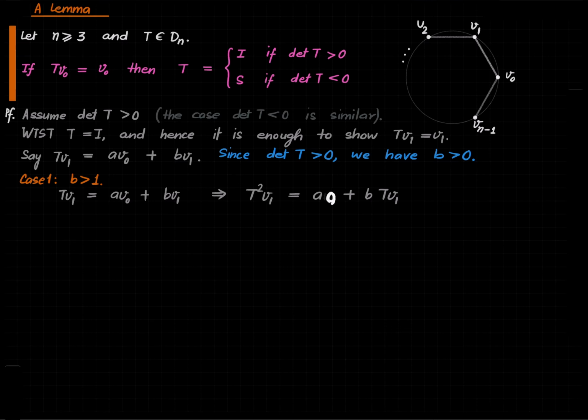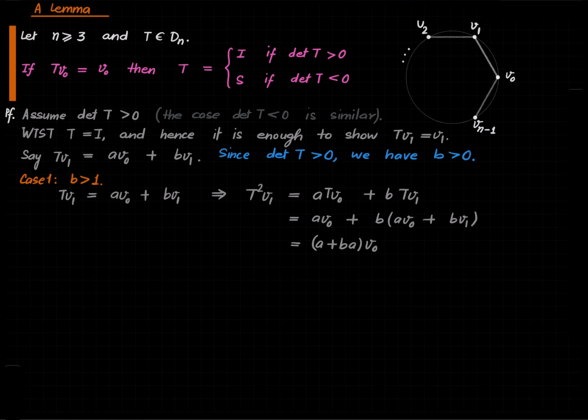Just to be very clear, let me write that as TV0, because otherwise some confusion may be caused. So this is TV0. But what is TV0? TV0 is V0. And TV1 is equal to this, AV0 plus BV1, which is equal to A plus some garbage times V0.